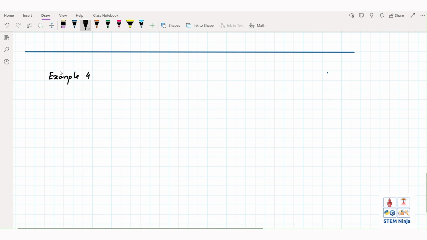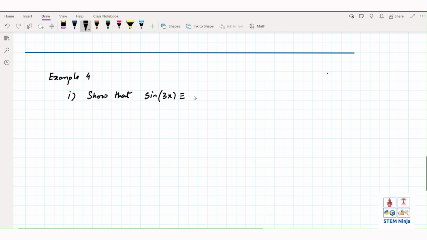Okay, example 4. The question could be phrased like, show that sine 3x is identical to 3 sine x minus 4 sine cubed x.